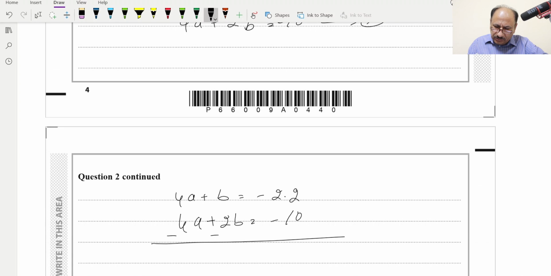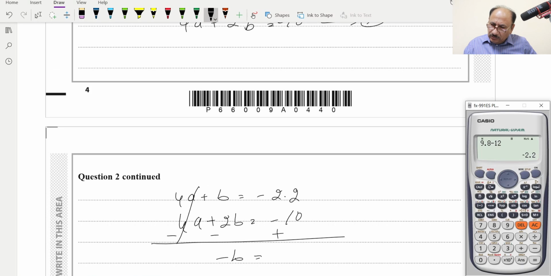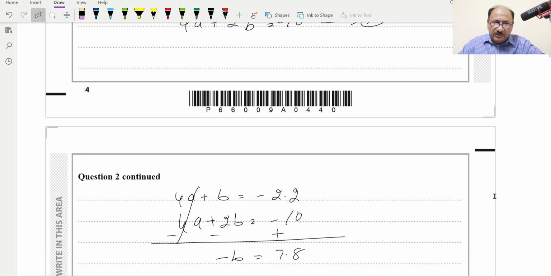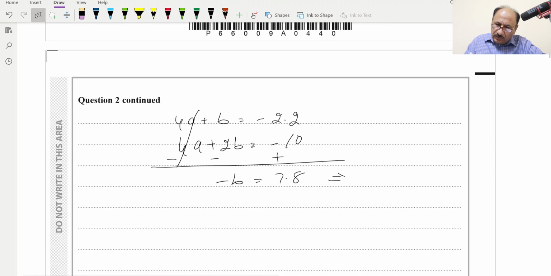So subtracting, 4a will be gone, so this will be minus b is equal to minus 10 minus minus 2.2, which is minus 7.8. So minus b equals minus 7.8. This implies b is equal to 7.8. This will be the b value.